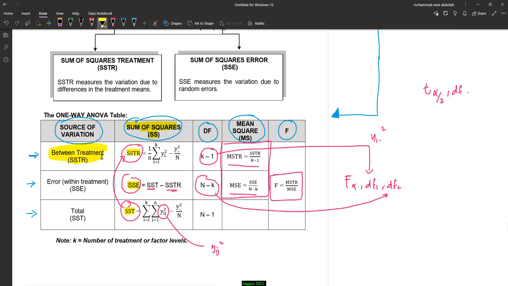So the formula will be summation of yi square minus y dot square divided by capital N, right? So now kita tengok, kita copy this formula first, right? Let's see.